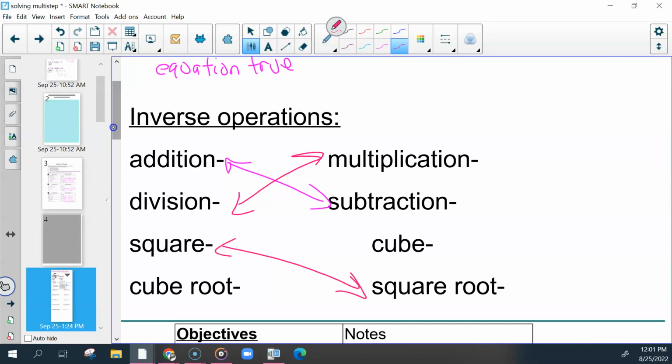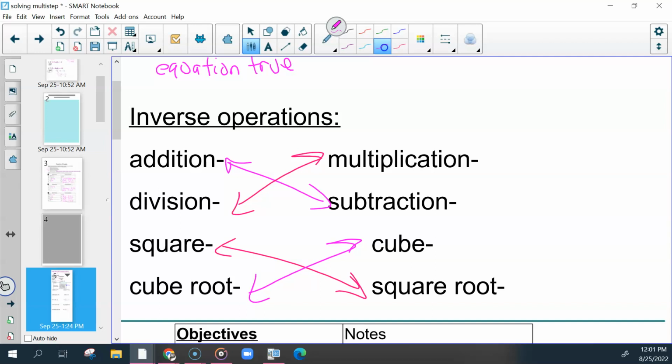Like 2 squared is 4. If I took the square root of 4, we'd get 2. So they undo each other, they cancel each other out. And then cube and cube root would be the same thing. So 2 to the 3rd power is 8.